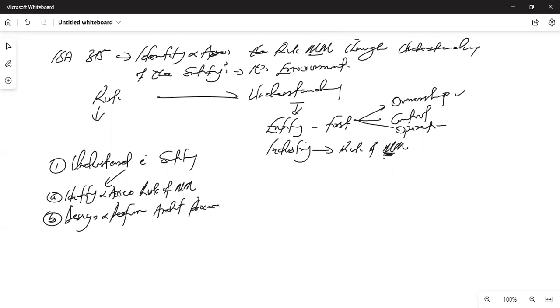That is why you need to understand the entity. And understanding the entity gives you your frame of reference for judgment. Because when you are interpreting ratios, you need something to be a yardstick to judge with, a frame of reference for judgment.